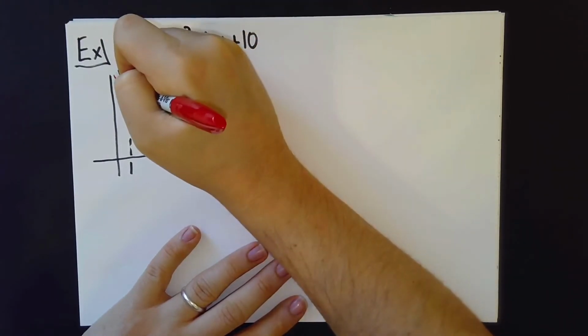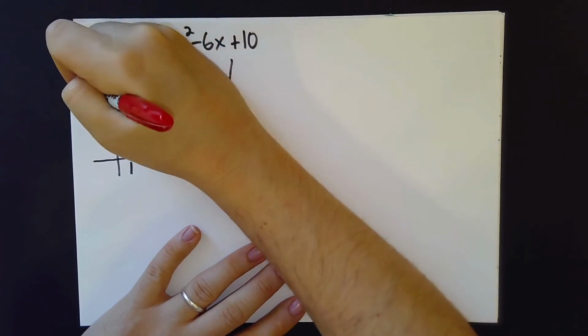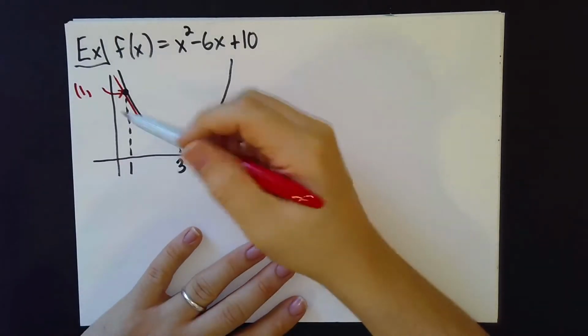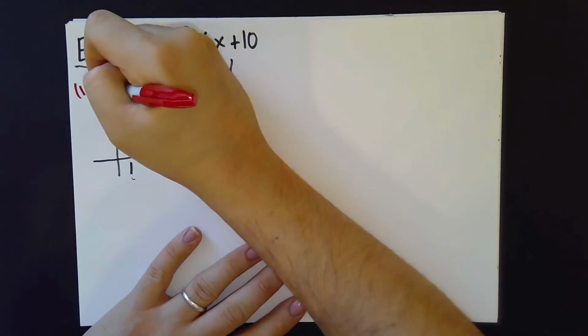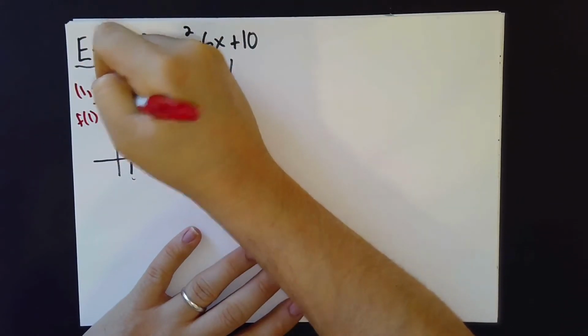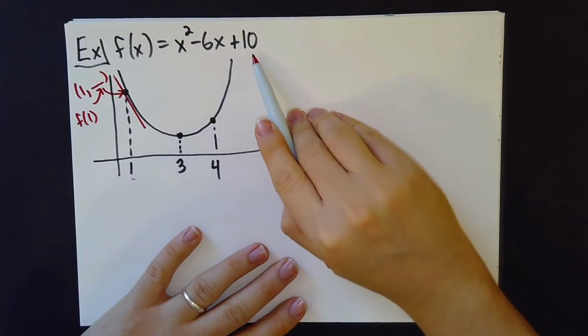So first of all, it is a good idea to find the coordinates of this point. So its x-coordinate is 1. And so what's the y-coordinate of this point? Well, the y-coordinate of this point is going to be f of 1. And f of 1 is 1 minus 6 plus 10.